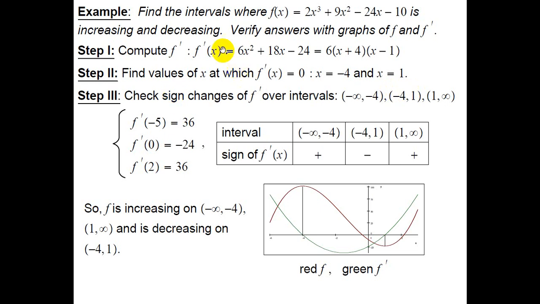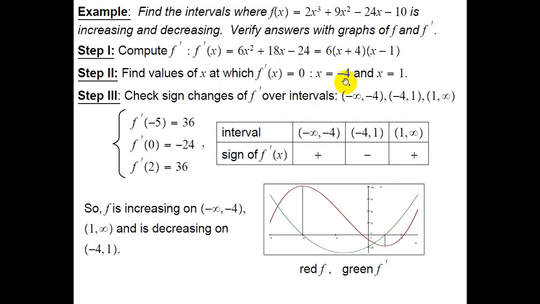So this particular function has two solutions, which are minus 4 and 1. After determining the first derivative of the function, we need to determine the solution where the first derivative is 0. So we have got minus 4 and 1. We need to check at those values how this function actually behaves.